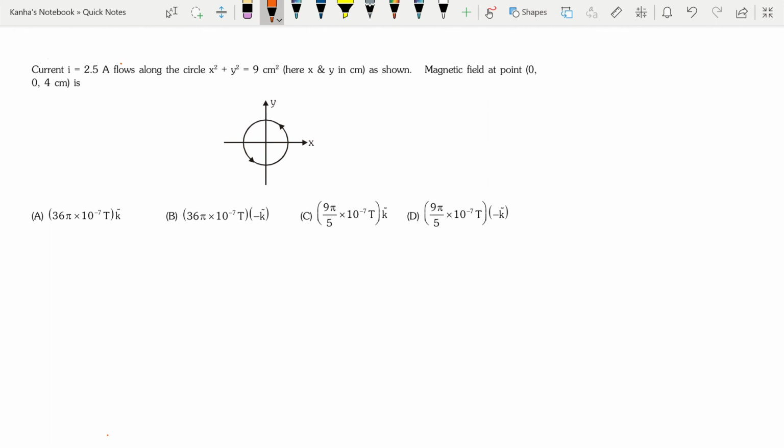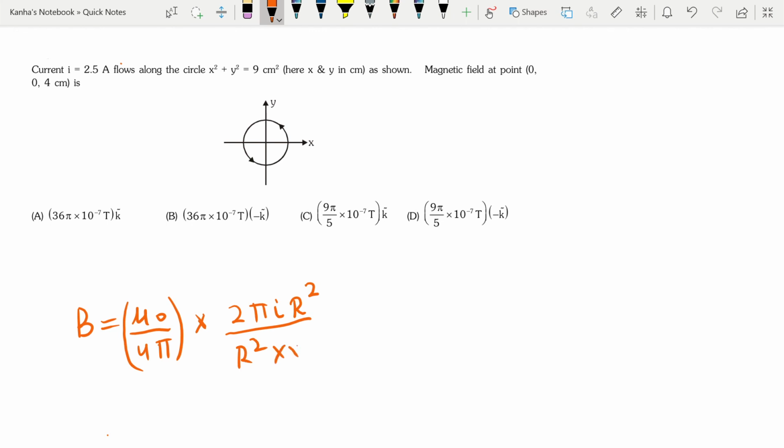We know that the magnetic field on the axis of a circular loop is given by the formula B is equal to mu naught divided by 4 pi into 2 pi I r square by (r square plus x square) raised to the power 3 by 2.